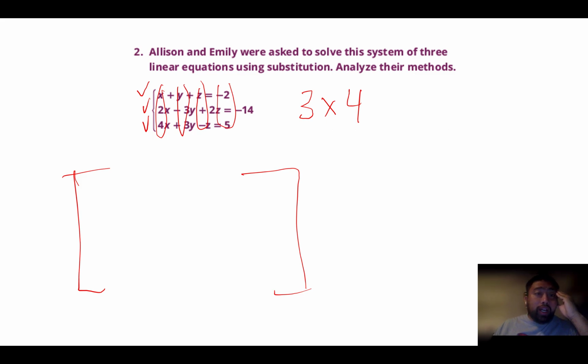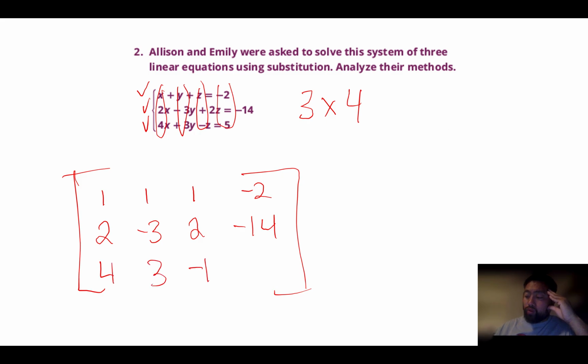There's X, Y, and Z. So we know that's 1, 1, 1, -2. The next row, it's 2, and it says subtraction 3, so it's going to be a -3, 2, -14. The next one is going to be 4, 3, -1, since it is a -Z, and 5.